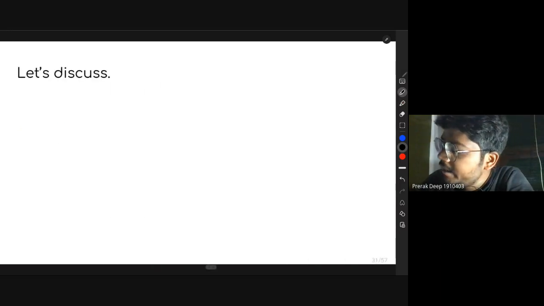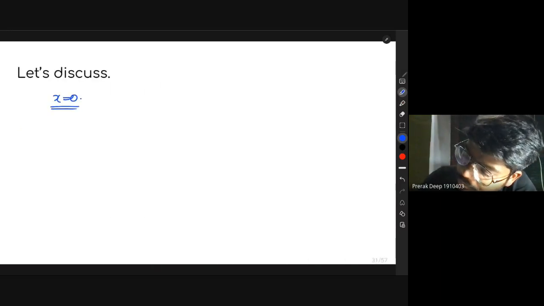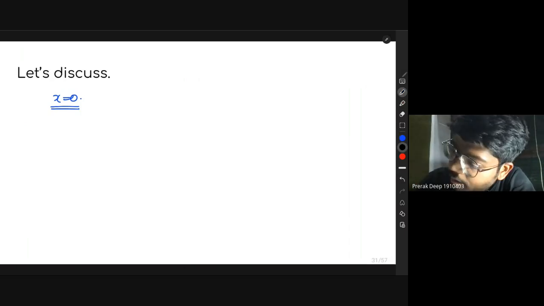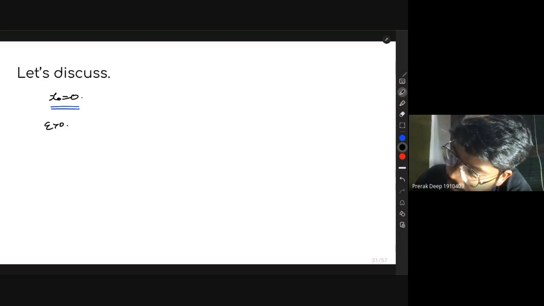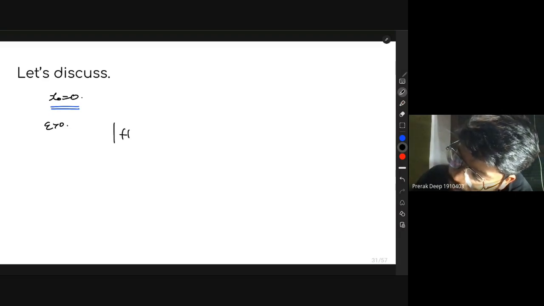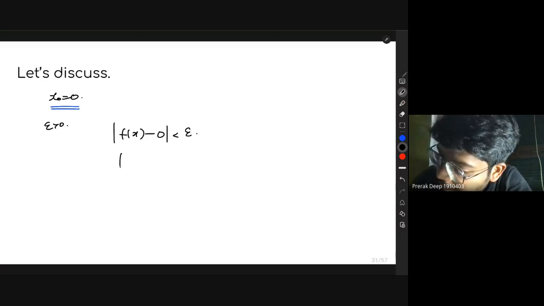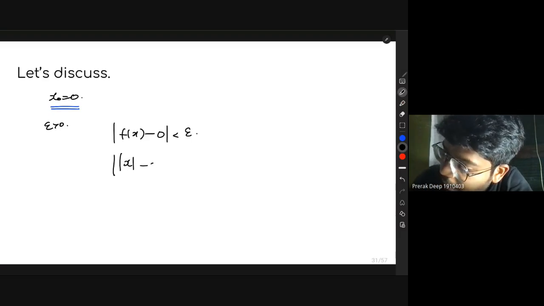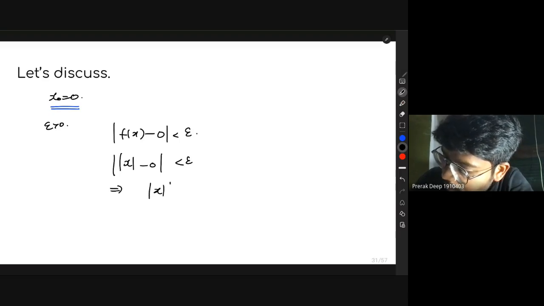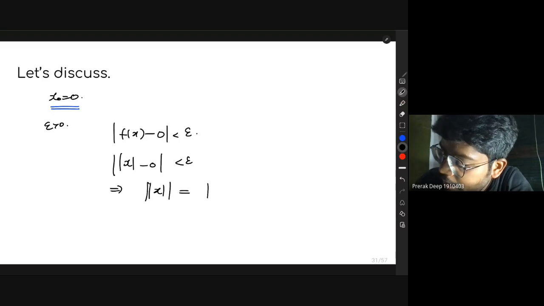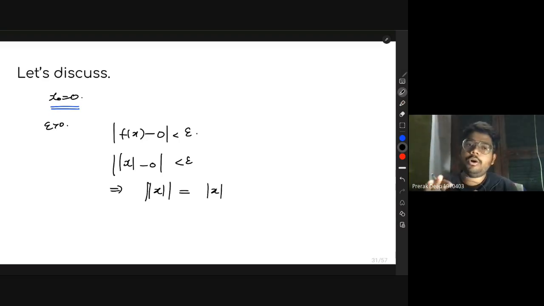Now the remaining case, when x naught is equal to 0. We start with epsilon, and now we need to prove that modulus of f(x) minus 0 is smaller than epsilon. Now what is f(x)? f(x) is mod of x minus 0, which is similar to mod of x, because the modulus of a positive value is again that value only.